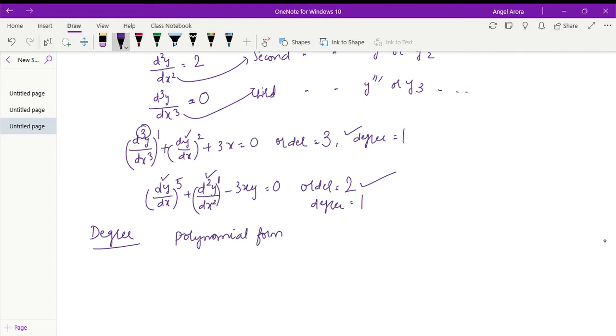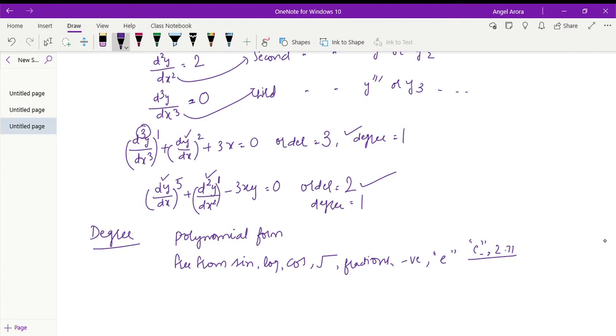That means all the terms involving derivatives should be free from sine function, log function, cos function, radical sign, fractions, negative powers, and e which has a constant value, but there is a reason for it. I will explain it in another video maybe. So all the terms involving derivatives should be free from all these, then the degree will be defined.